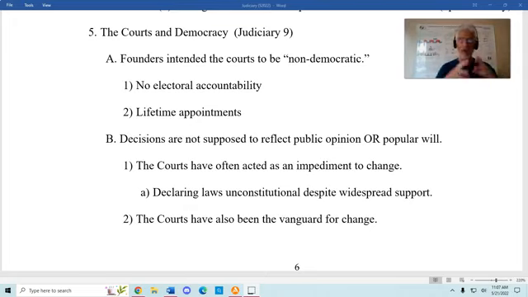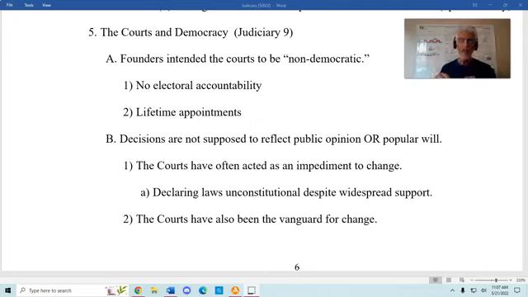And in part, I was being ironic in as much as the founders intended the courts to be non-democratic. I mean, the House of Representatives and the Senate are supposed to be reflective of a republic and a democracy, but people were supposed to have some kind of say in who their senators are going to be, who their members of the House are going to be.